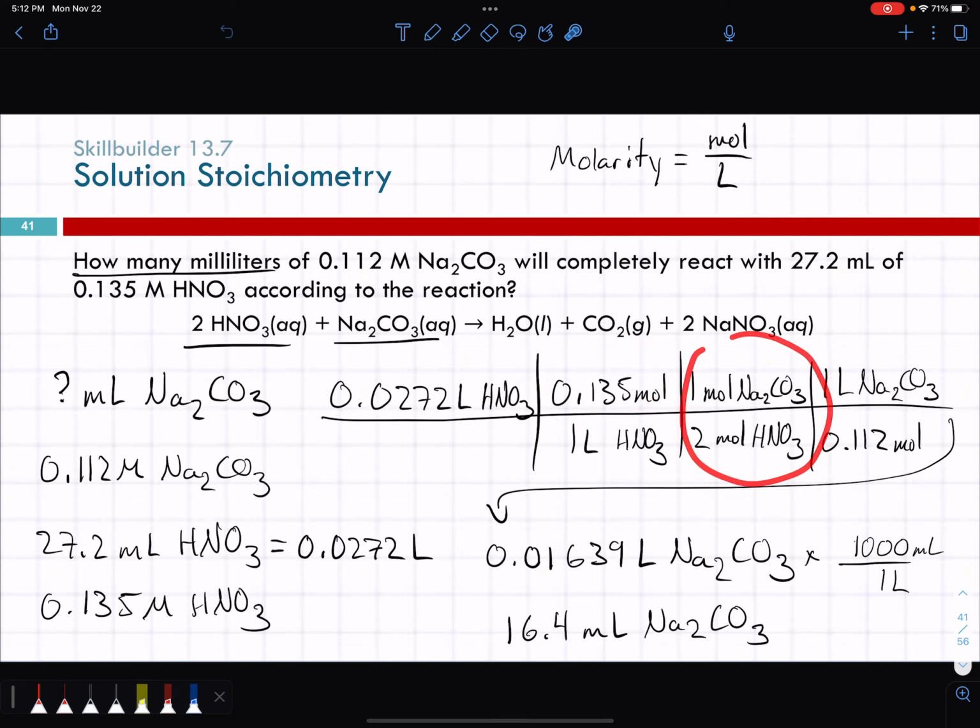Then you can use the reaction equation and get your stoichiometric ratio, so then you can convert between one thing in your reaction equation to the other thing. And then by really dividing by the molarity, you can get the volume of the thing that you're looking for.